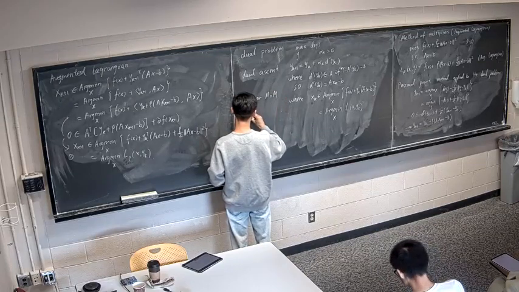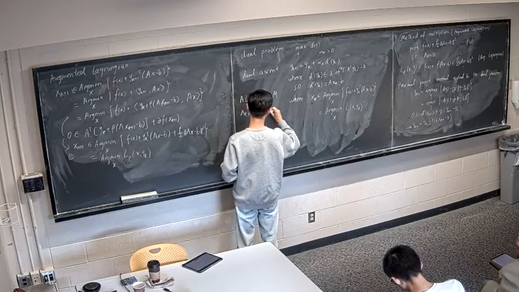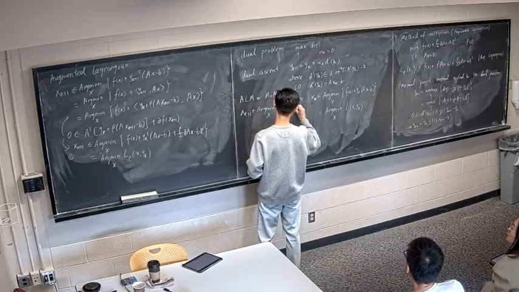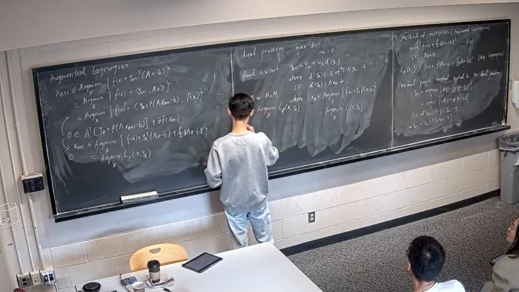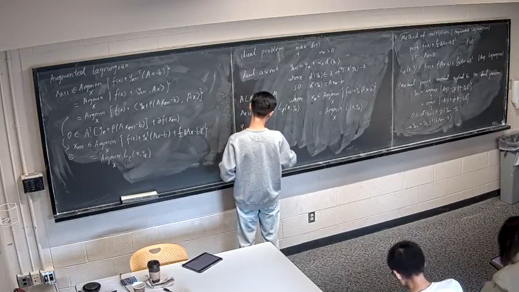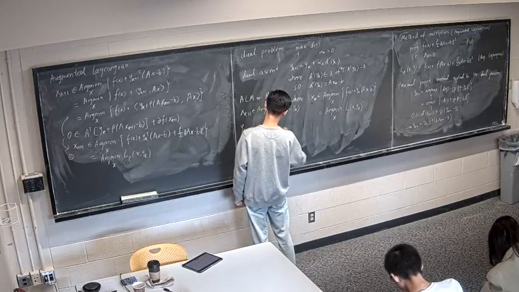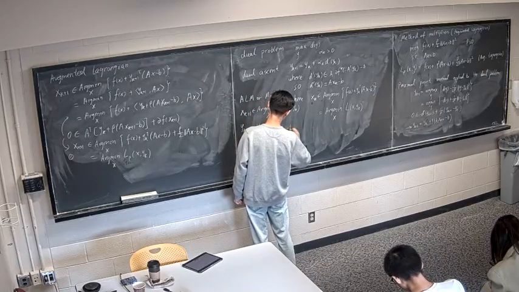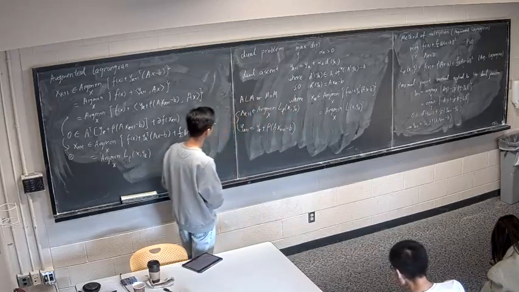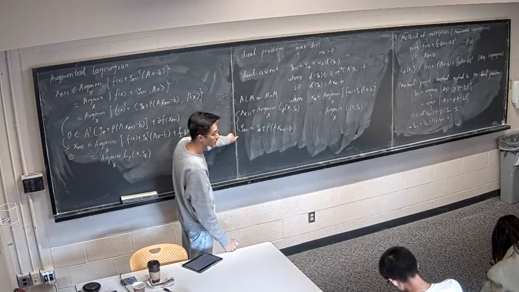So first you find xk plus 1. So this algorithm is performing primal and then dual updates.